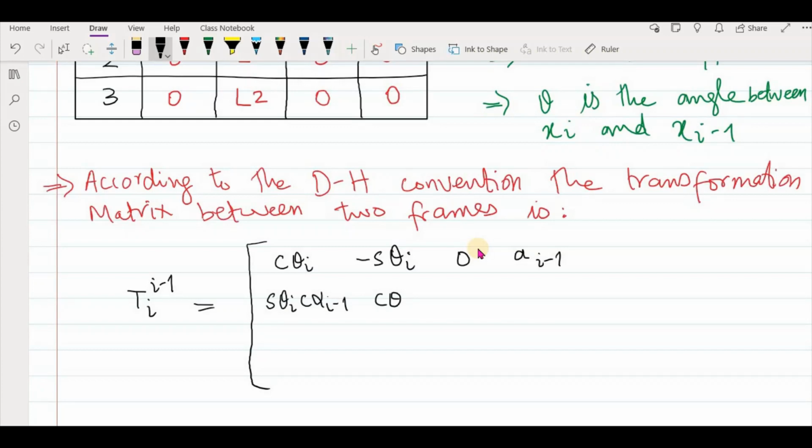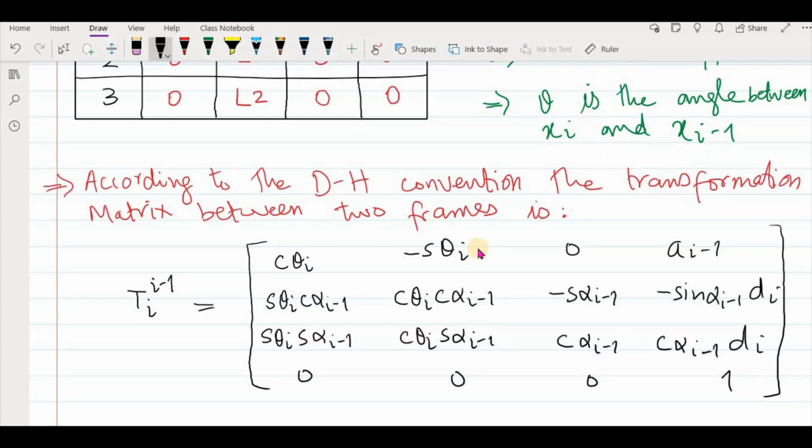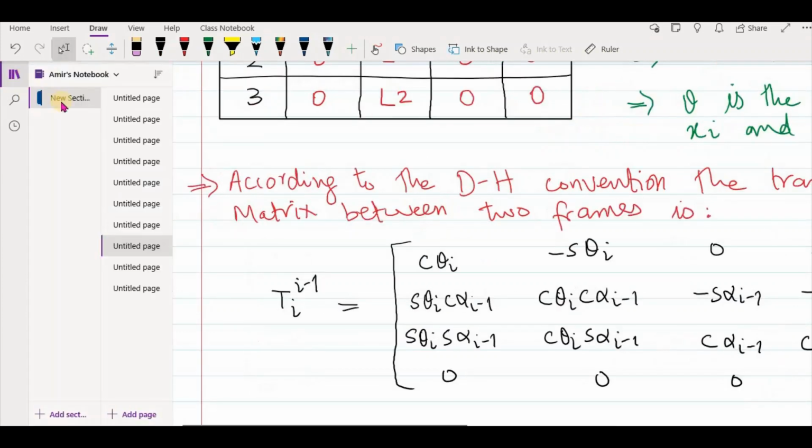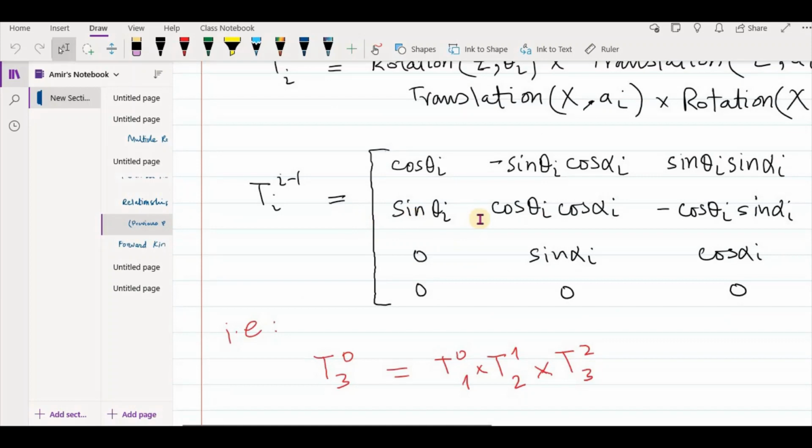Okay, let me fill it once and then I will show you. Okay, now I have written down this matrix according to the DH convention. What I want to point out is that we already wrote this matrix in the previous slide, but here we have written the cosine, sine, all these values, okay?